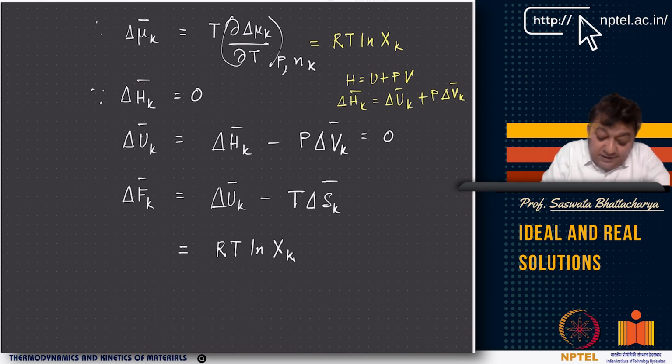Therefore delta UK bar equals delta HK bar minus P delta VK bar, which is equal to 0. And delta FK bar is the relative partial molar Helmholtz free energy.